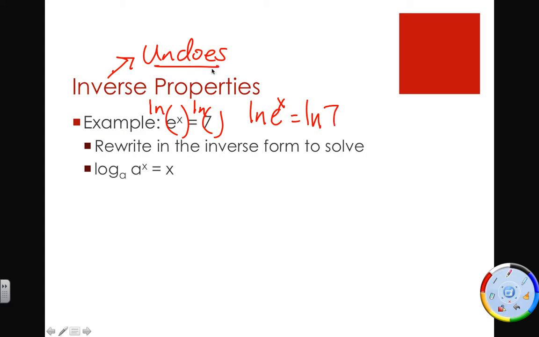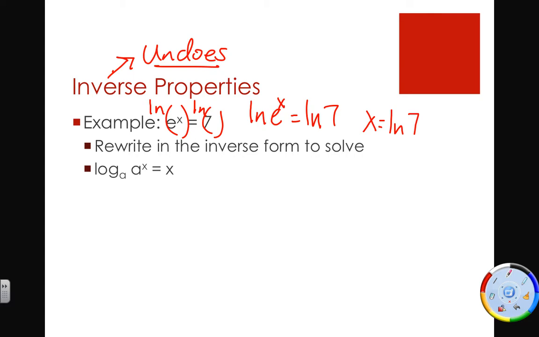And I really hope you were paying attention a few days ago because we simplified these already. Natural log of e to the x is x because the natural log and the e cancel. And so I'm left with x equals the natural log of 7, and that's just a calculator problem.